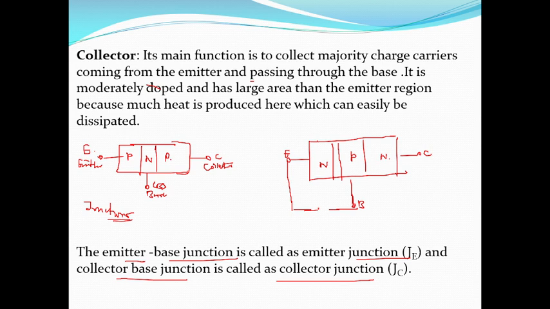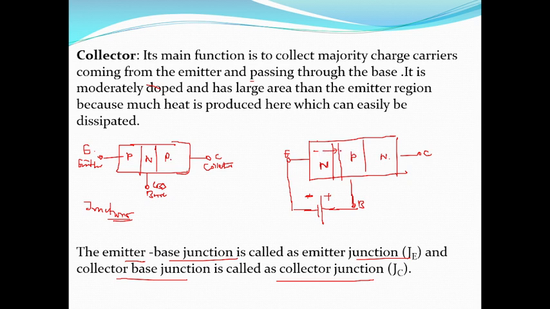So which bias do I need to apply? I need to apply forward bias. Forward bias means the N type should be connected to the negative terminal and the P type to the positive terminal. What are the majority charge carriers here? Electrons. So negative repels, and the electrons move towards the base.